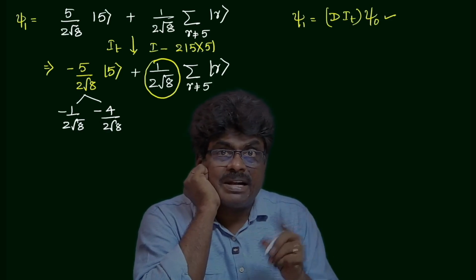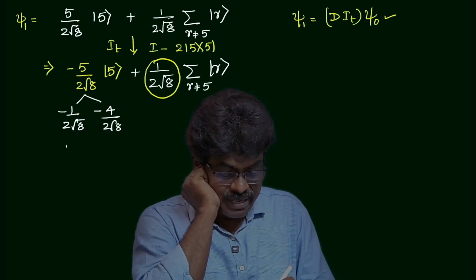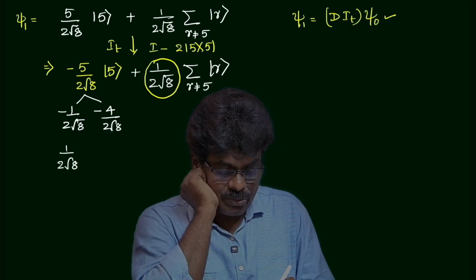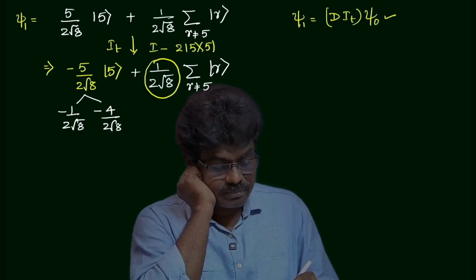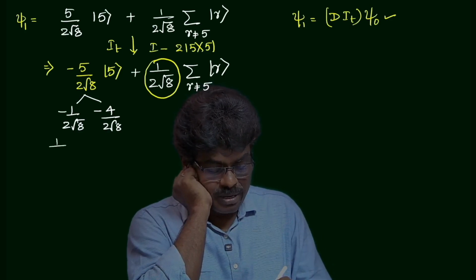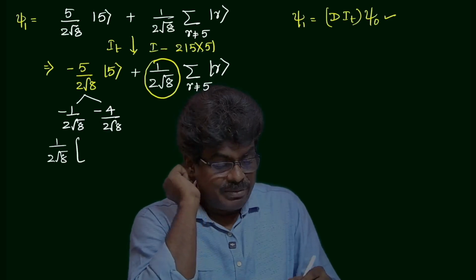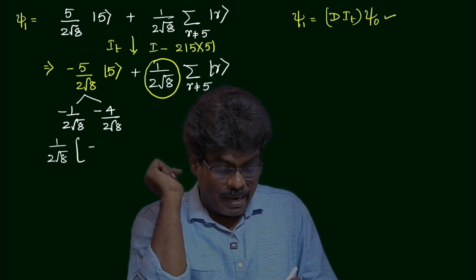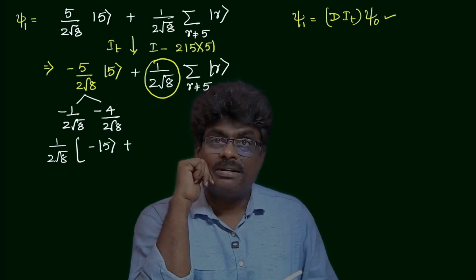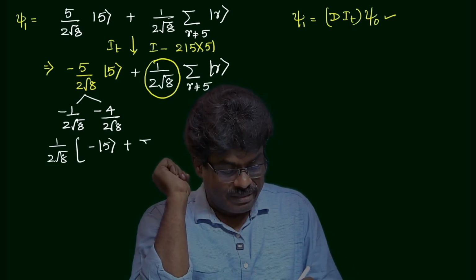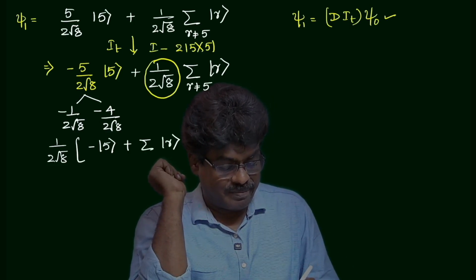Then again I am taking common 1 by 2 root 8. Then I will get 1 by 2 root 8. Carefully observe. This implies 1 by 2 root 8 common. Okay. Then what you will get? Minus 5 plus remaining states.